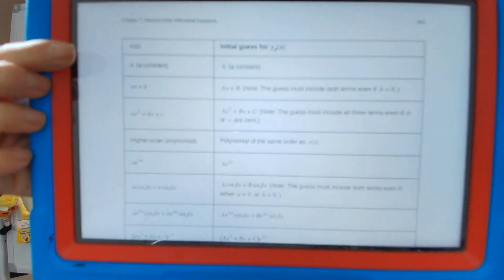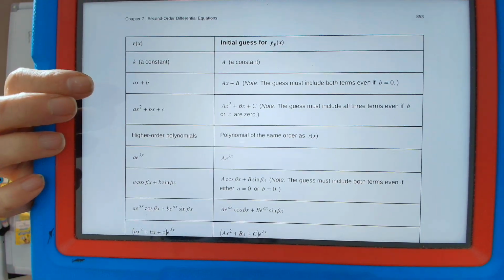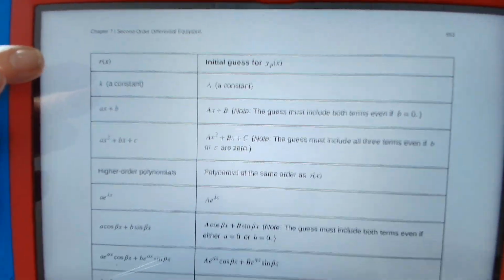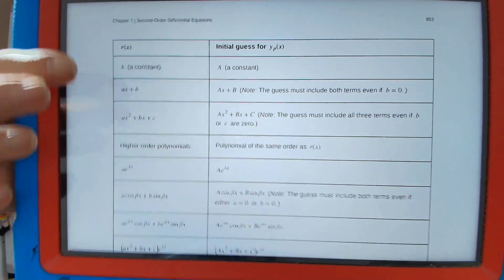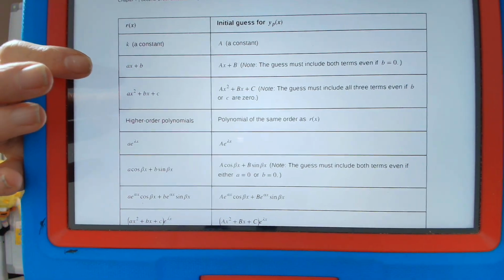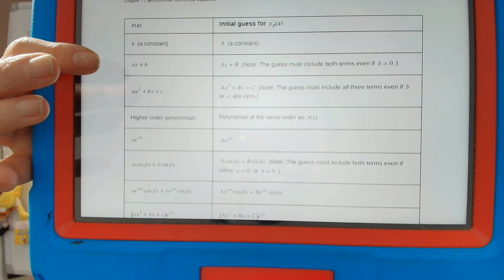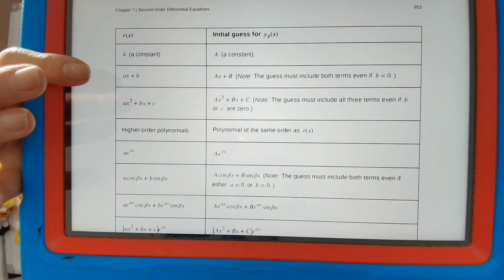See, the first one is, look at the second one. That's what we did. That is, your guess depends on r of x, what the equation equals to. If r of x is ax plus b, as in the example we just did, then our guess will be ax plus b as well, a different one.